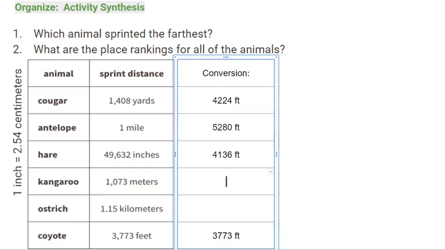So we take that 107,300 and we divide it by the 2 and 5,400ths. And that'll get us about 42,244 inches. Yes. So we still need to take and divide that by 12.